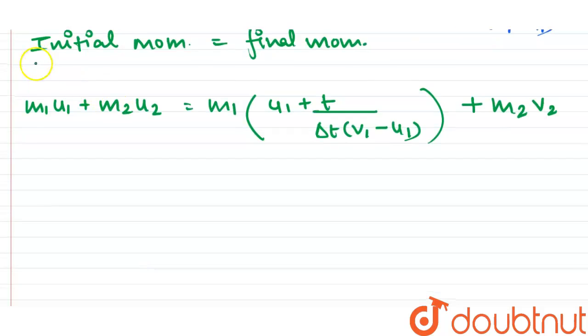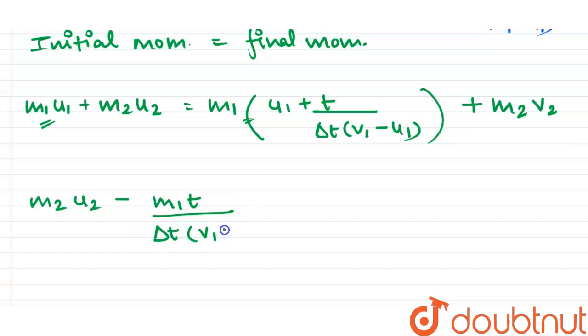So from here we can easily see that this expression gets cancelled out with this expression, and this comes out to be m2 u2 minus m1 t upon delta t times (v1 minus u1) equals m2 v2.